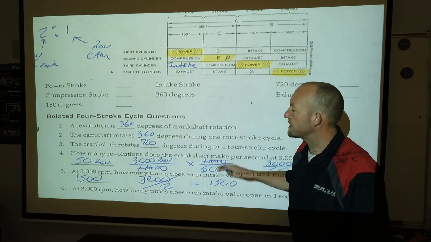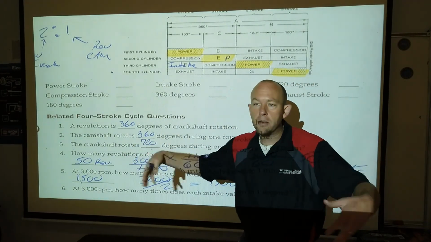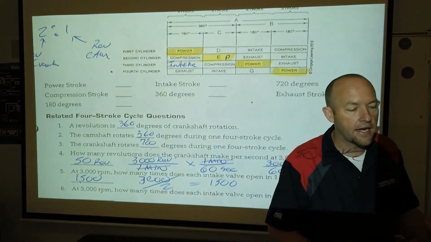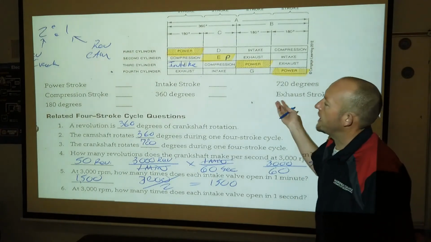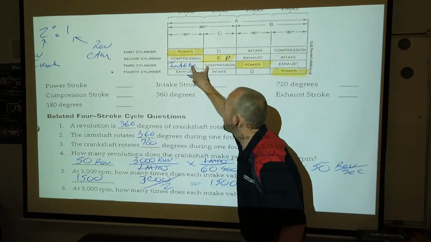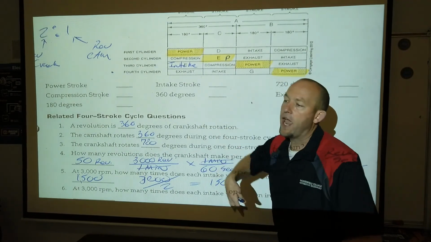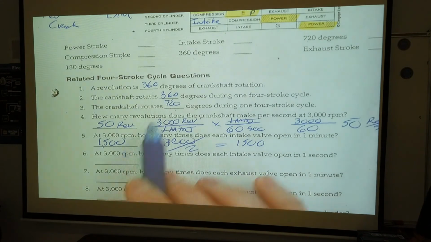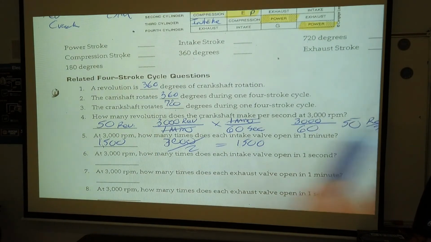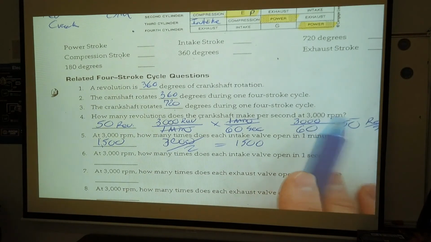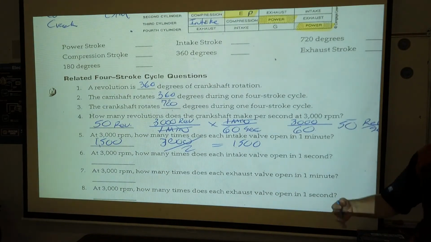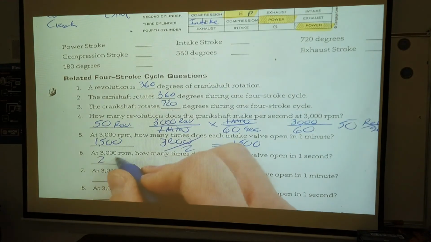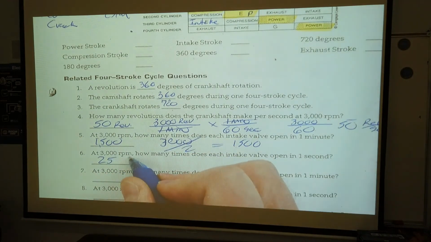So that means the intake valve would have opened on this revolution, but not on this one. In that case, we're going to take our 50 and divide it by 2, which means that that intake valve opens 25 times per second.